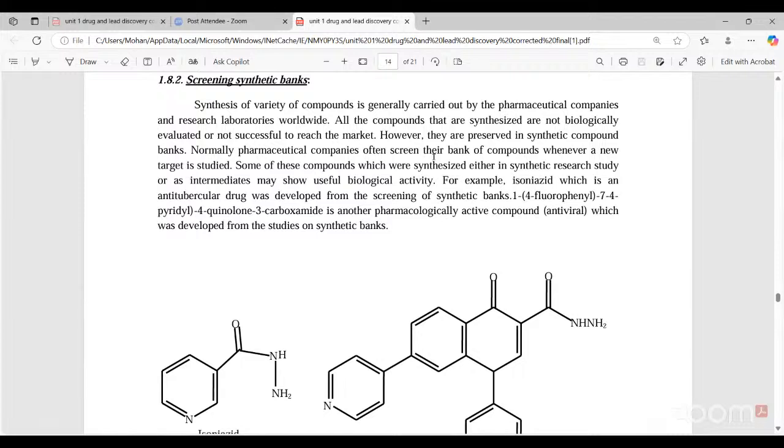Some of these compounds, synthesized either in synthetic research or as intermediates, may show useful biological activity. For example, isoniazid, an anti-tuberculosis drug, was developed from the screening of synthetic banks.